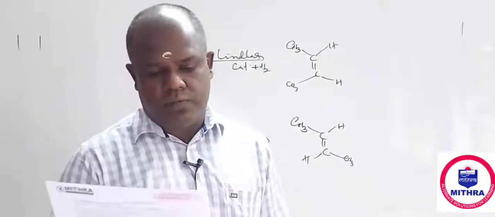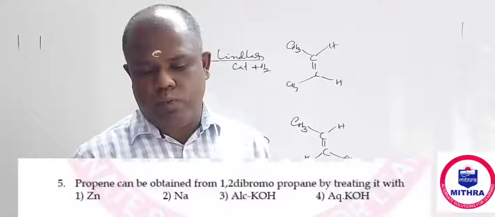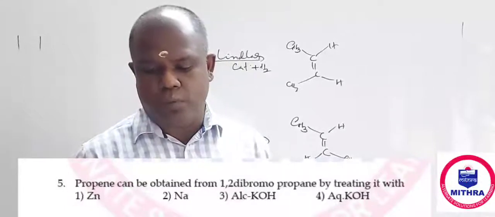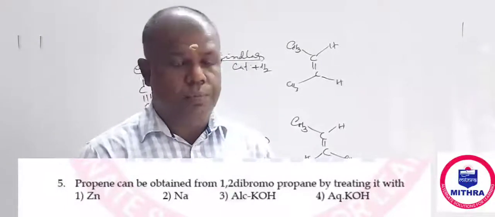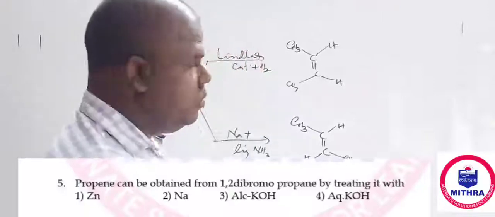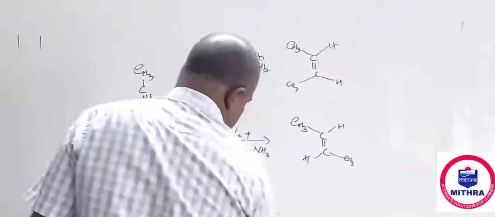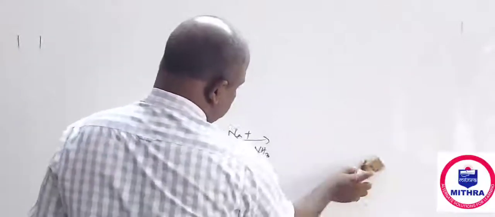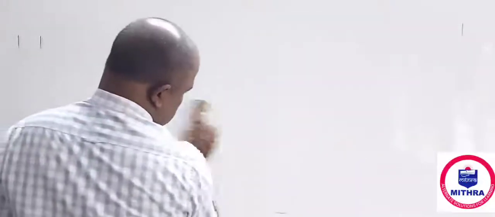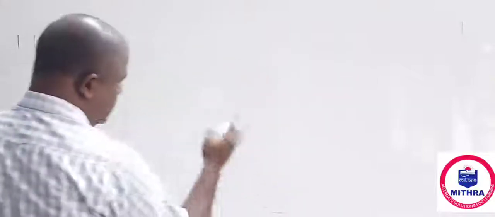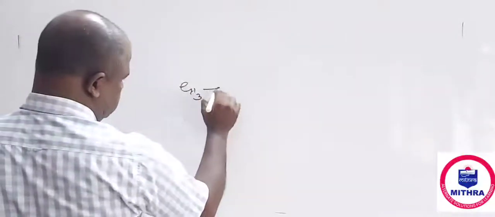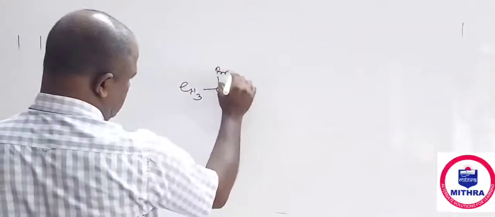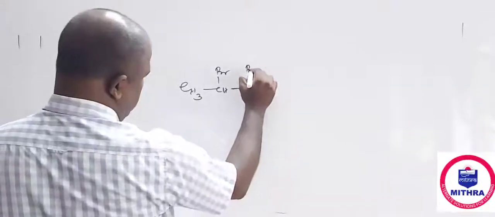Question number 5. Propene can be obtained from 1,2-dibromopropane by the treatment of what? 1,2-dibromopropane, this is the compound.